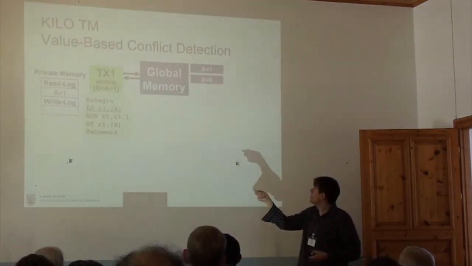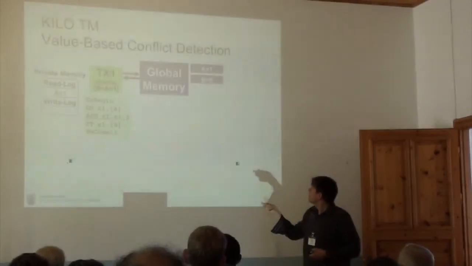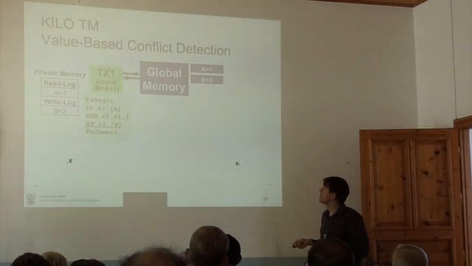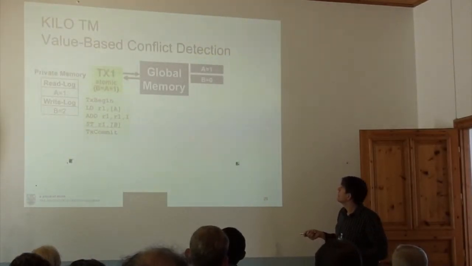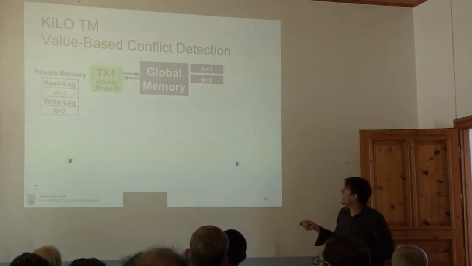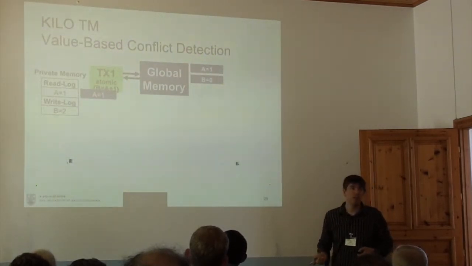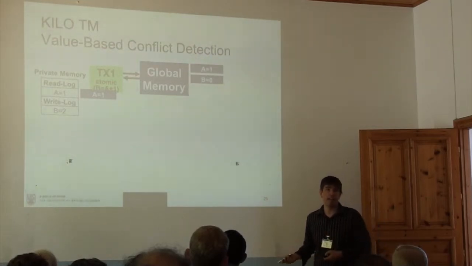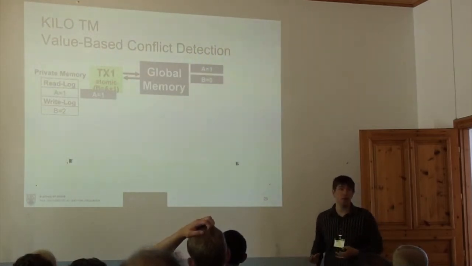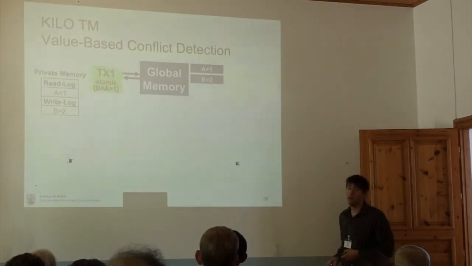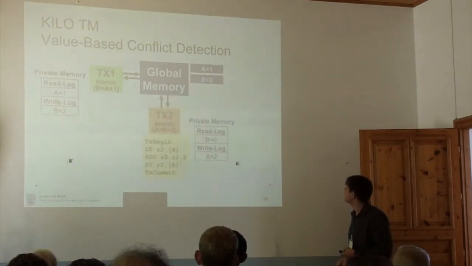So here I read the value A, and then I'm going to also log my write, so I'm not immediately committing the values to memory. When I go to commit the transaction, I'm going to check the value in my read log against the values in memory to see if anybody has modified it. If somebody has modified it, I'll know there's a conflict. If there's no conflict, I'll be safe to go ahead and update memory.